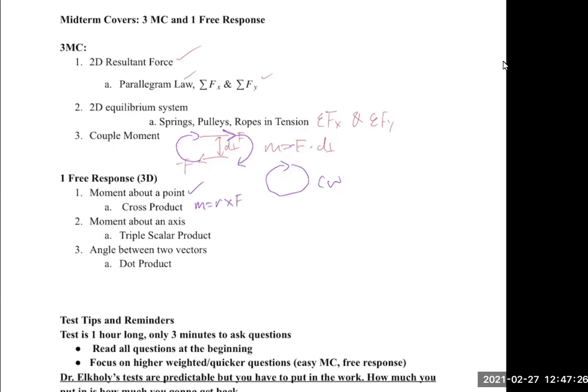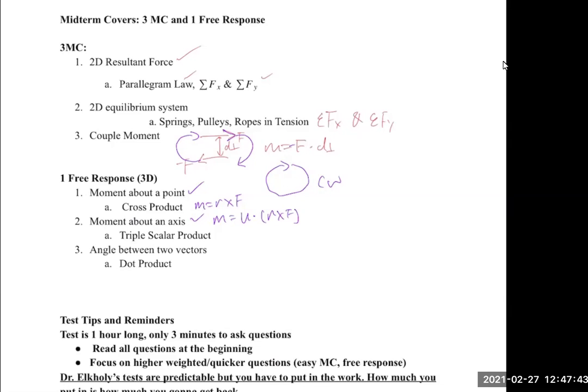Okay, and the second part of the problem, he might ask you to find the moment about an axis. That is still M equals, but with the unit vector multiplied by r cross F, so we use the triple scalar product for that.